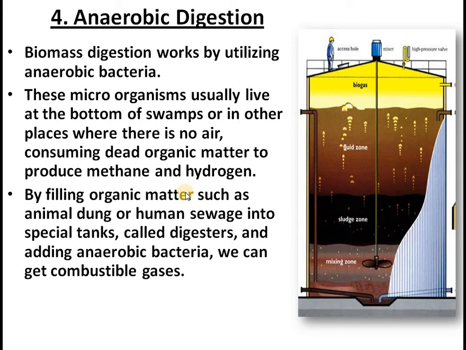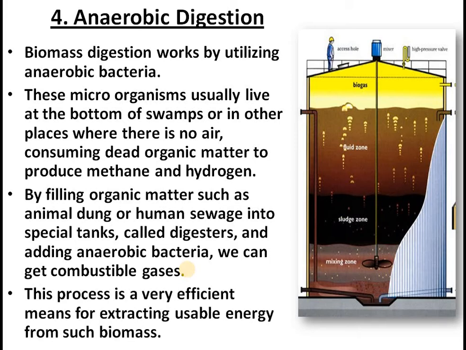So by filling organic matter such as animal dung or human sewage into special tanks called digesters and adding anaerobic bacteria, we can get the combustible gases, like methane. So this is what is happening. This is the exact chemistry of biogas plants.